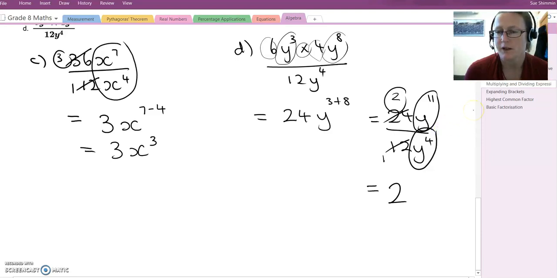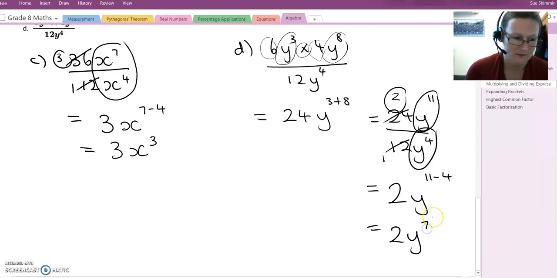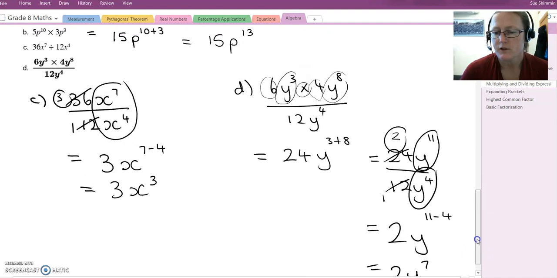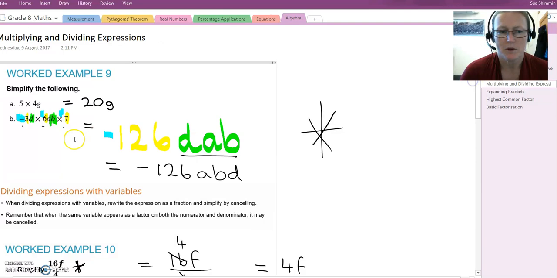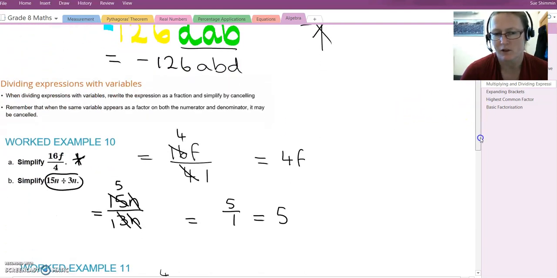So remember, for our index laws, if they're both the same base and we're dividing them, then you subtract those index numbers. So we end up with 2y to the power of 7. So this is pretty good because it combines our unit of index laws as well. And also remember that when you're multiplying and dividing, it does not matter if they're not like terms.